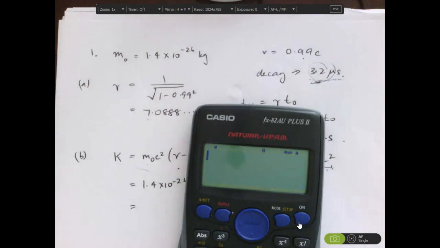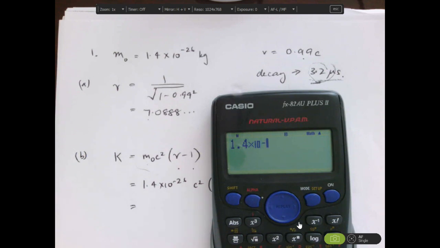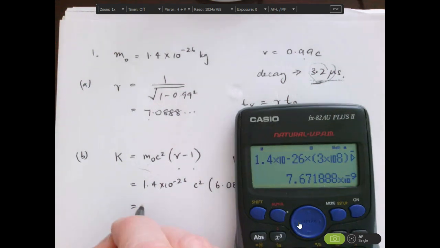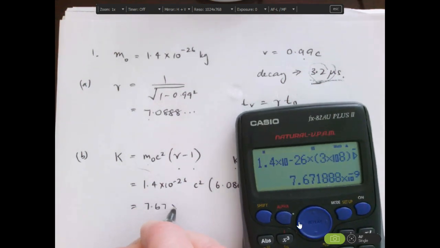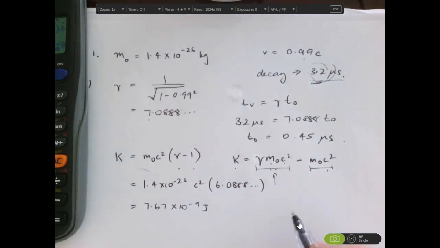Putting that into our calculator, it's 1.4 exponent negative 26 times 3 exponent 8 squared times 6.0888, and that's the value there, which is 7.67 by 10 to the minus 9 joules, also known as 7.67 nanojoules. Okay.